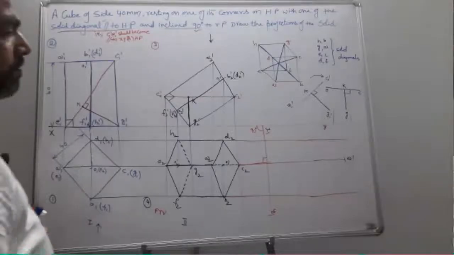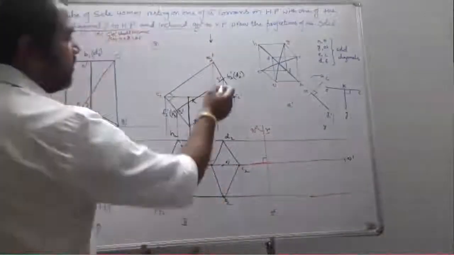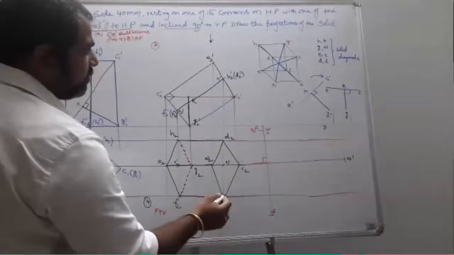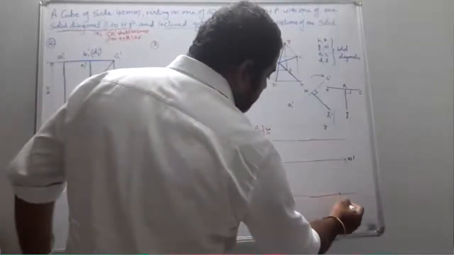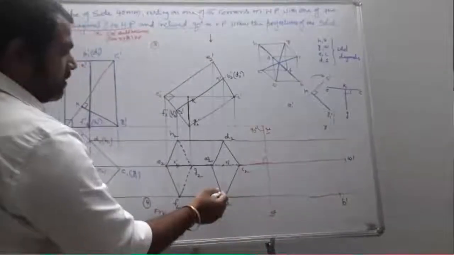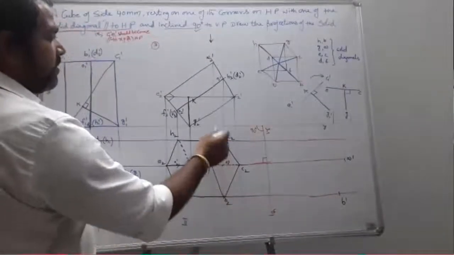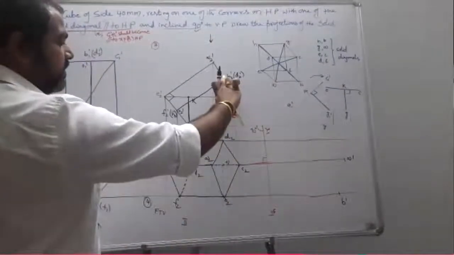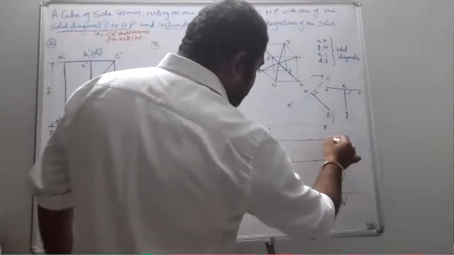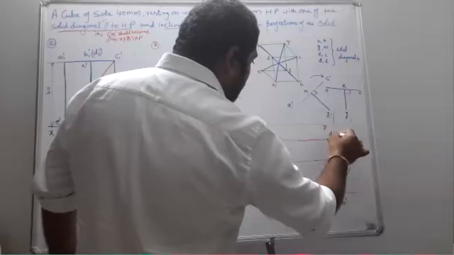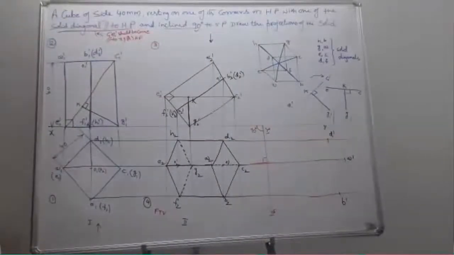Next, let us take your B point. So this is your B. So this becomes B dash. Next, on the same height, I just obtained my same radius D is also obtained. So this was the D projector. I obtained D dash.